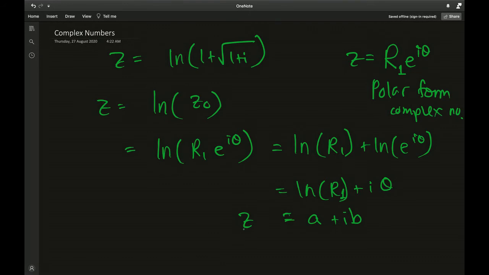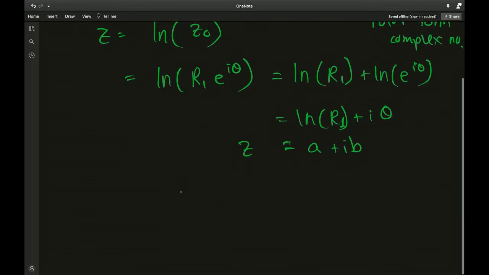How do we find a now? How do we rather find r1? r1 is like the radius or the distance from the origin of a complex number. So first of all, z naught is 1 plus square root of 1 plus i. We can do better with this, right?